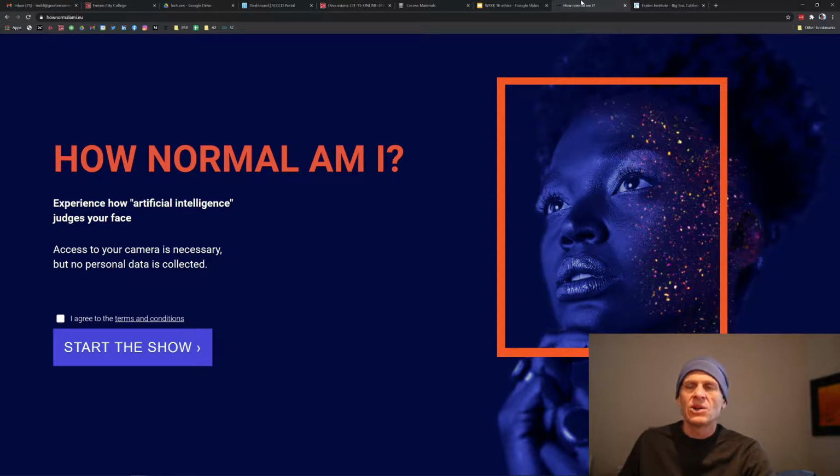And so if you go through this experiment, how normal am I, this was created by somebody who wants you to have a negative experience so you could become more vigilant and aware of the potentially negative ramifications of artificial intelligence. Illustration: when I did it, it said, you're 65% attractive. And my face went, huh?